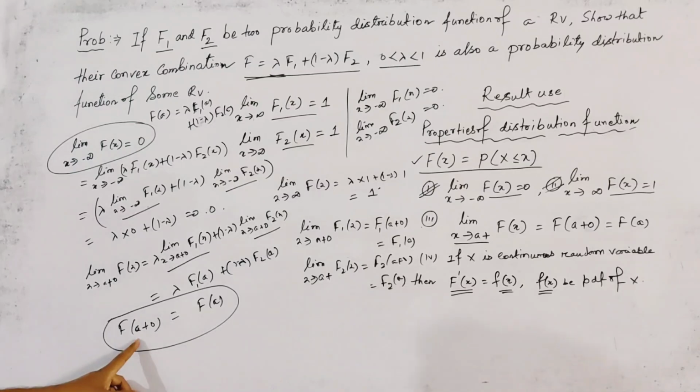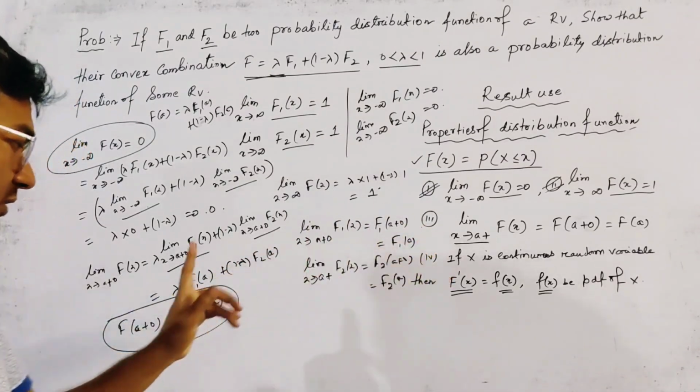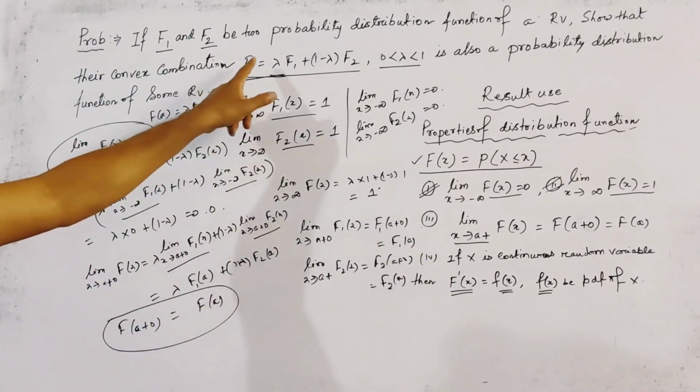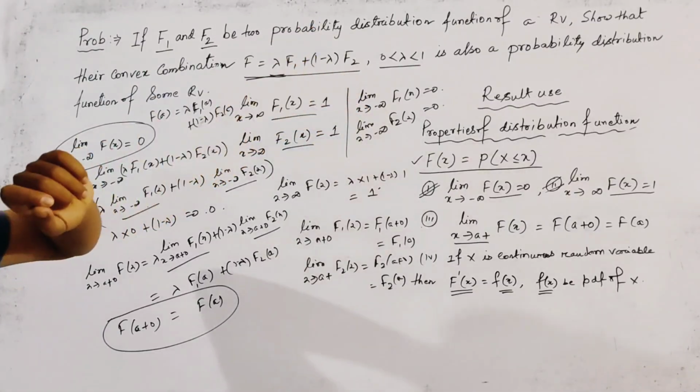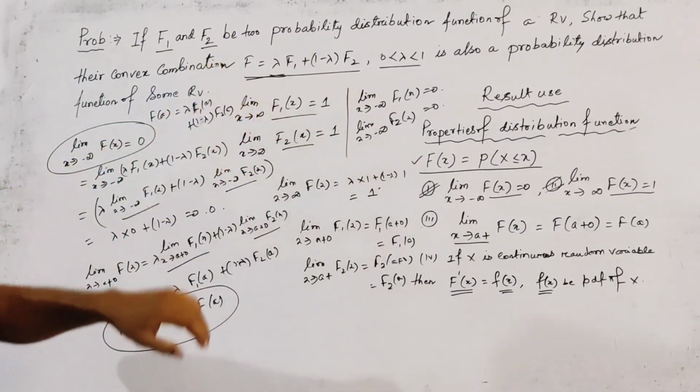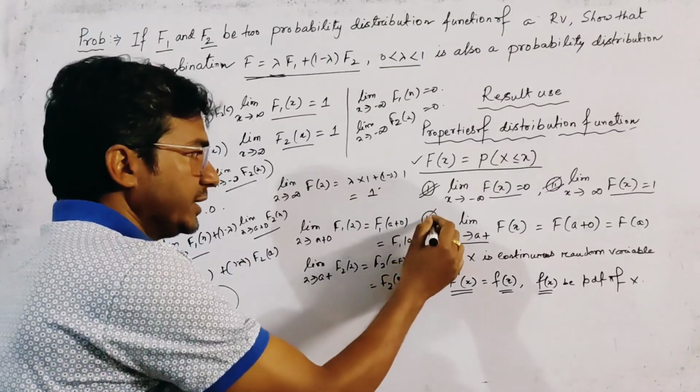So at any point a, the convex combination of F1 and F2, where F1 and F2 are distribution functions, is also continuous from the right.